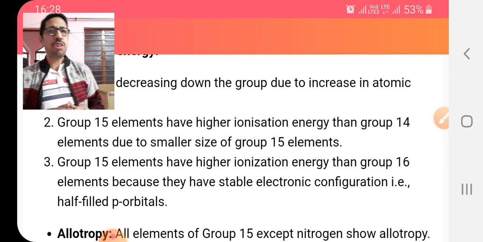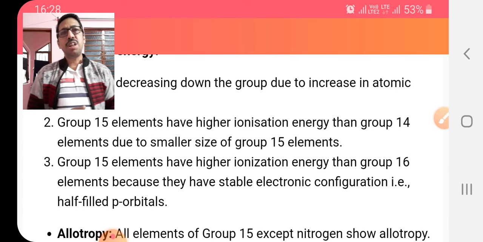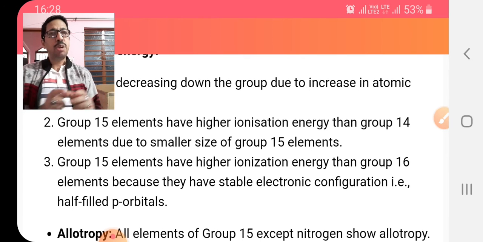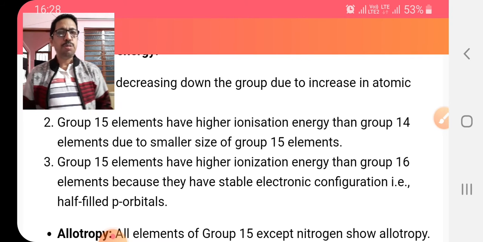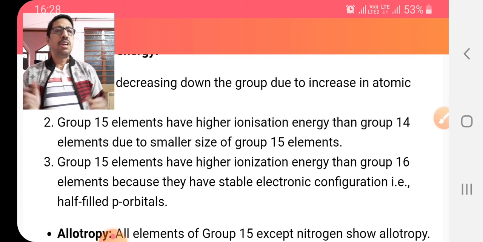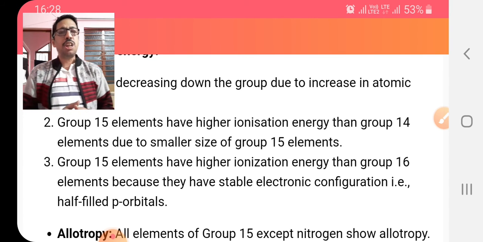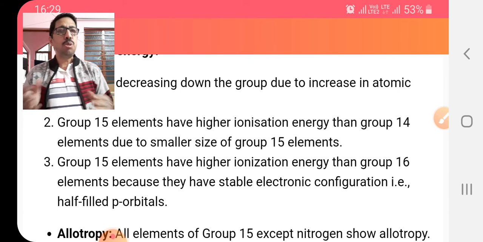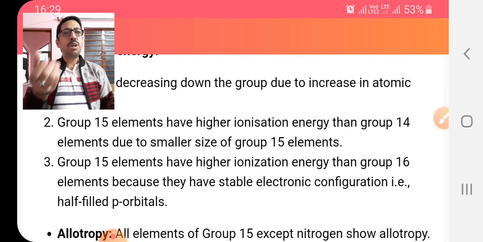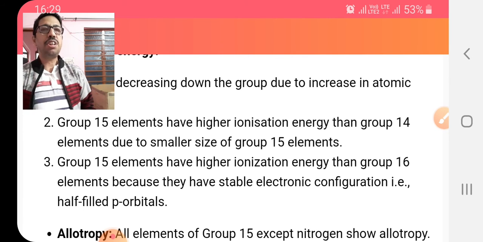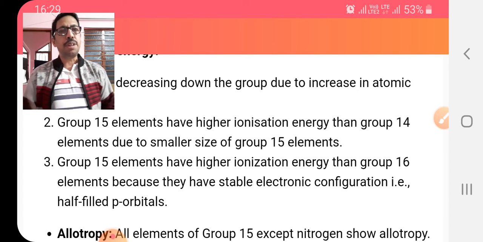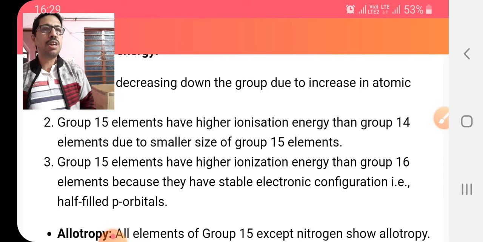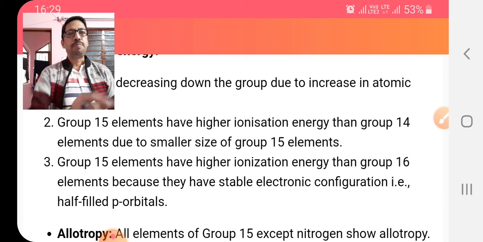Whereas in group 16, the general valence shell configuration is ns2 np4, which means it is less stable, and that's why group 16 elements have a tendency to lose the electron, showing a lower ionization energy value compared to group 15. These are the exceptional cases that we have to remember.